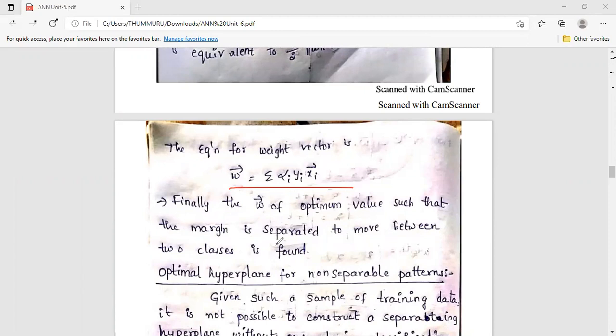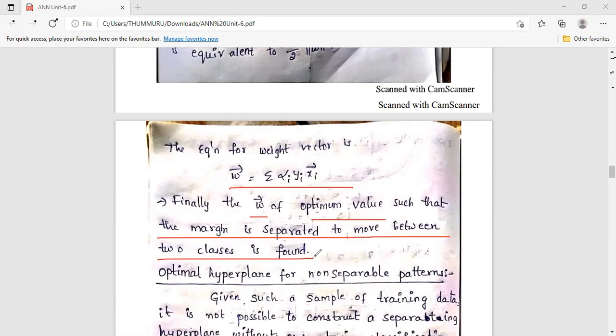Finally, the weight vector is an optimal value, such that the margin that separates the two classes is found.